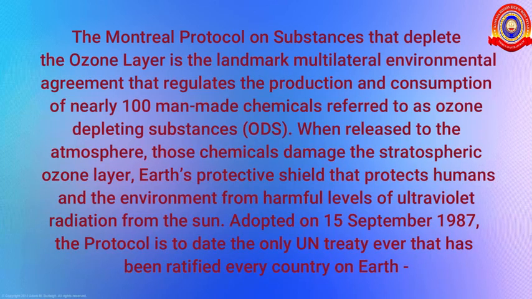When released to the atmosphere, those chemicals damage the stratospheric ozone layer, Earth's protective shield that protects humans and the environment from harmful levels of ultraviolet radiation from the sun. Adopted on 15 September 1987, the protocol is to date the only UN treaty ever that has been ratified by every country on Earth.